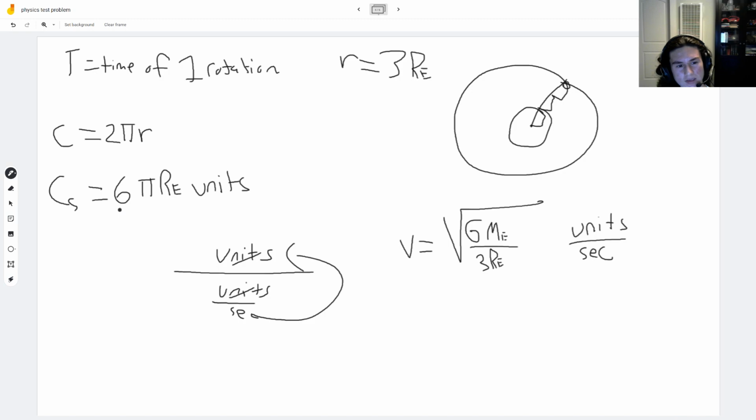So that basically means we need to take this number and divide it by our velocity, which is root of GME over 3re, and that's going to be units per second. Units cancel.